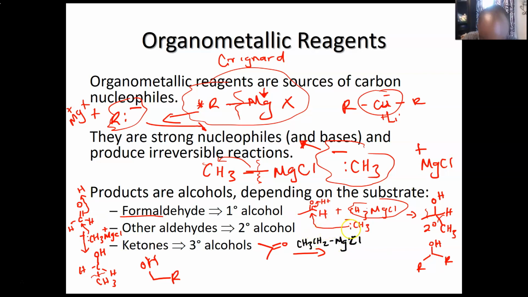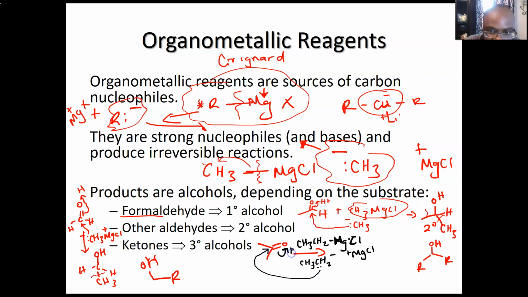I told you that we usually disregard the MgX. It's just a counter ion, because that's just going to be MgCl plus, and then this part will be CH3CH2 minus. So I'll use this to attack the carbonyl by SN2.